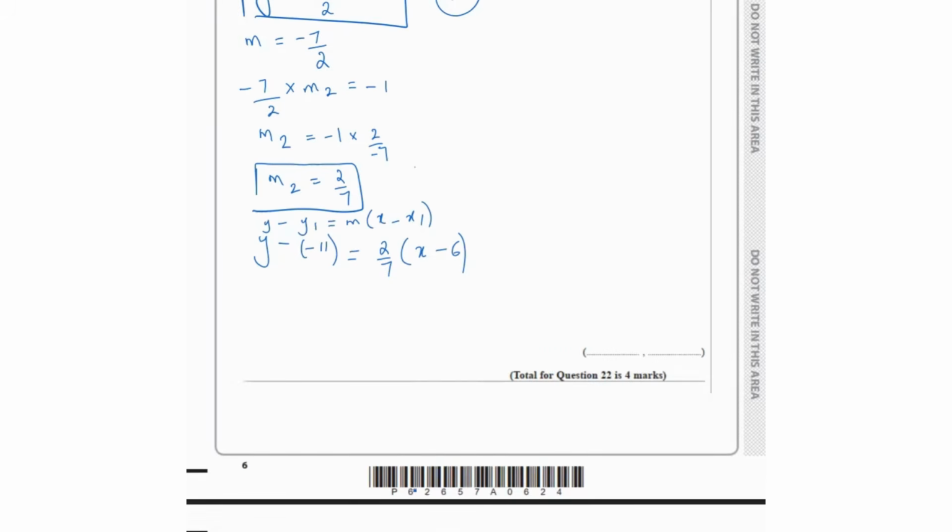So that's going to be y plus 11 equals to 2 over 7x minus 12 over 7. Y equals to 2 over 7x minus 12 over 7 minus 11. That's an equation for BD.